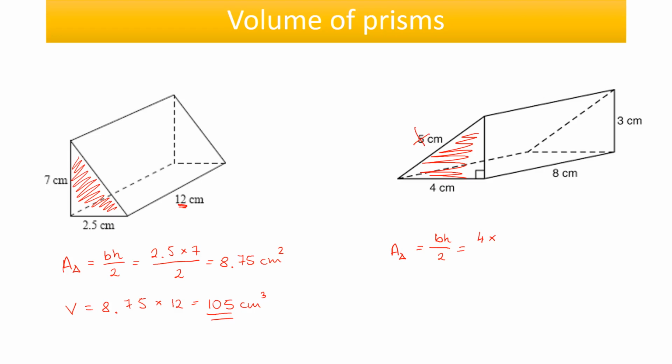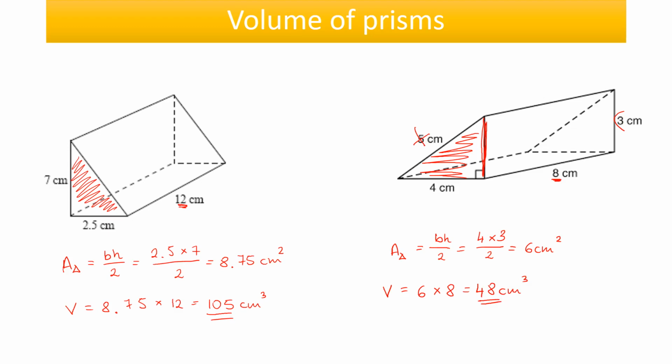The height of this triangle here, this is the height that we need, and it's actually 3. So it's 4 times 3 over 2, and that is 6 centimeters squared. Now to find the volume, we need to times the area of the cross section by the length of the shape. The length of the shape is 8, so the answer is 48 centimeters cubed.